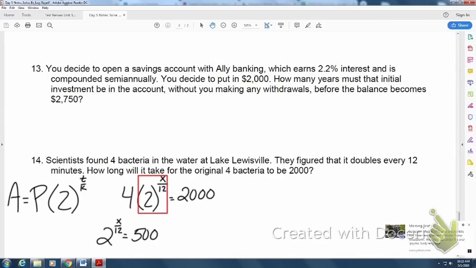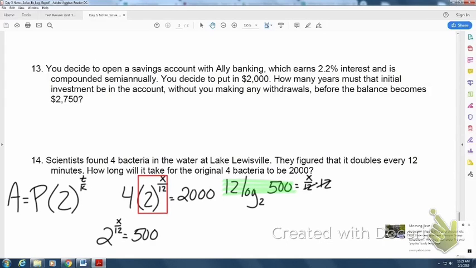I would fish hook that, so I've got log base 2 of 500 equals x over 12. And then how would I get x by itself over there? Multiply by 12. So put that right there in your calculator.